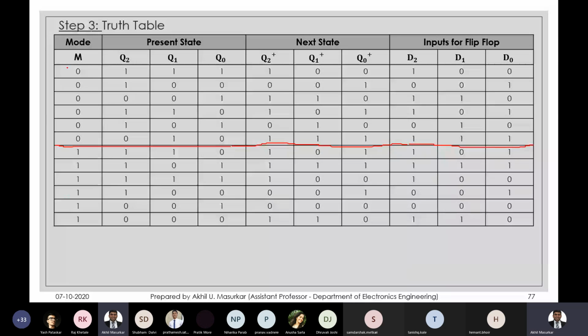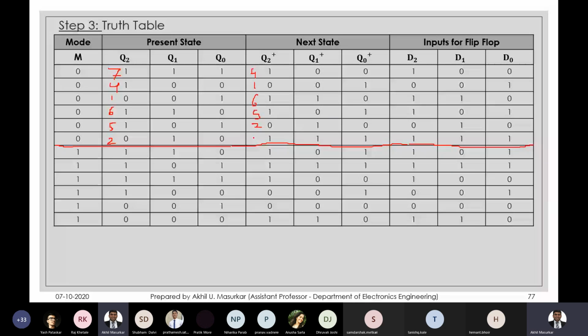The first sequence is 7, 4, 1, 6, 5, 2, and the next states are 4, 1, 6, 5, 2, and then 7.